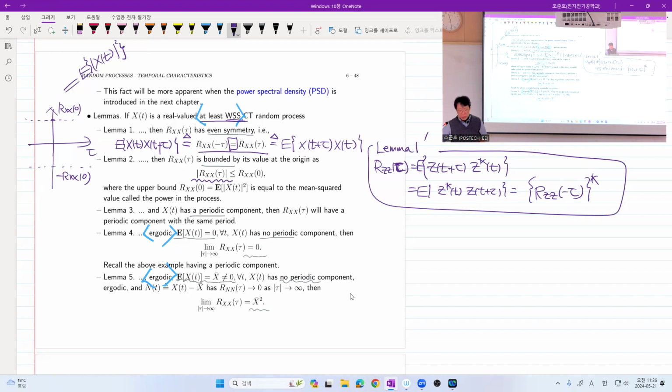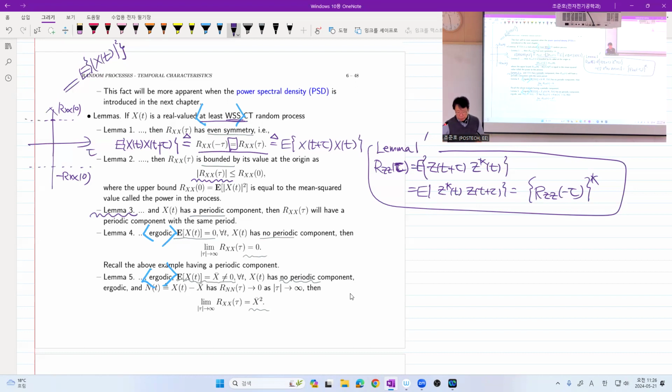And can you say other things? Actually, it's not that easy, but from our example, that strange random process, a cosine 2 pi f0 t plus random variable theta, we know that a wide-sense stationary random process may have periodic autocorrelation, right?